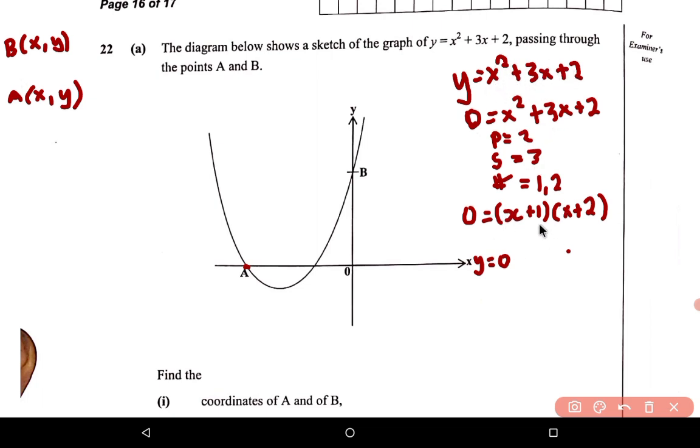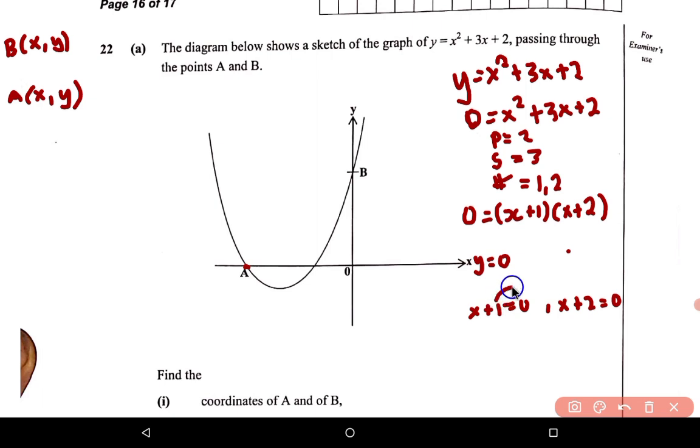At this point, what you're going to do is to split them up. So it's going to be x plus 1 is equal to 0, or x plus 2 is equal to 0.